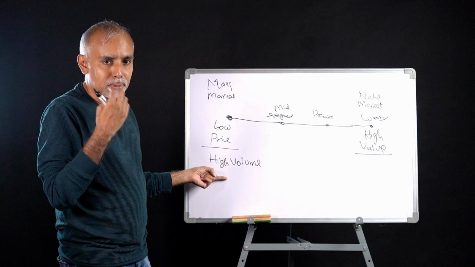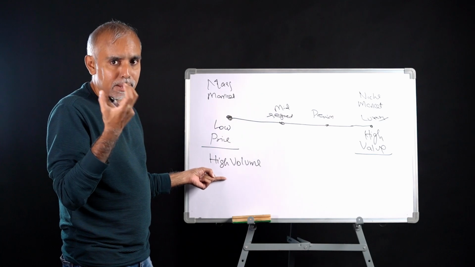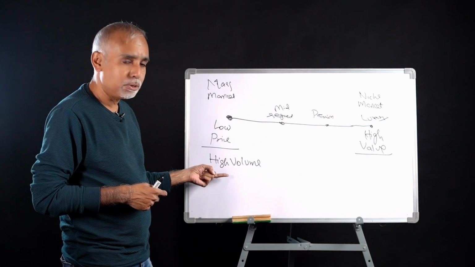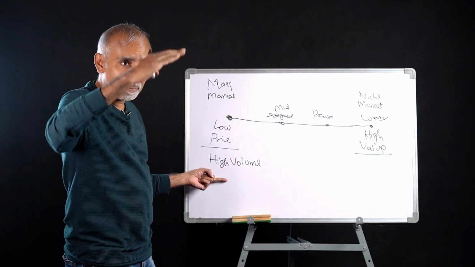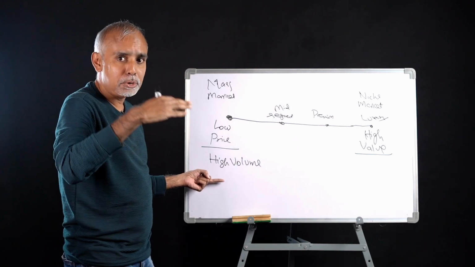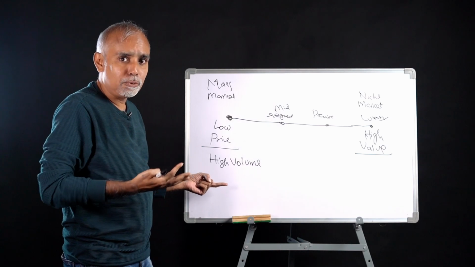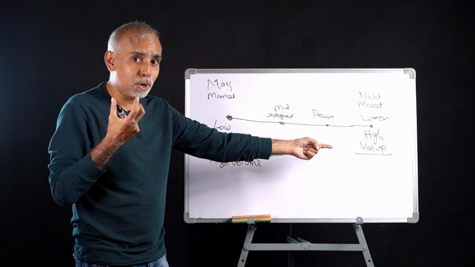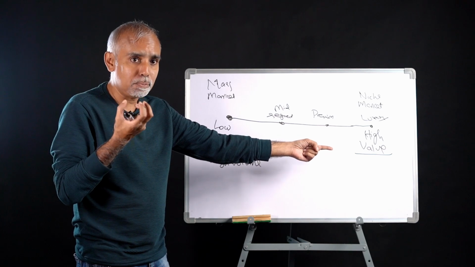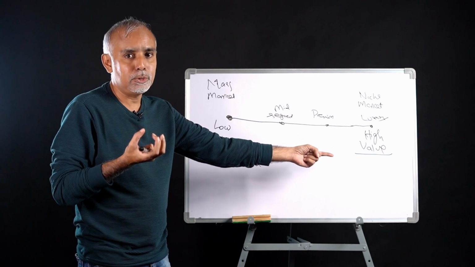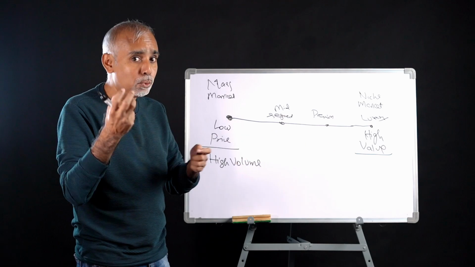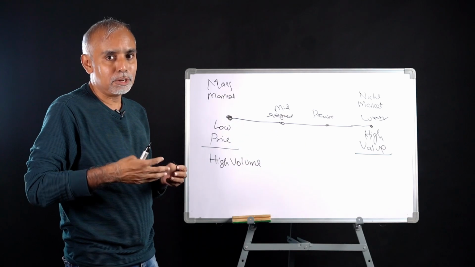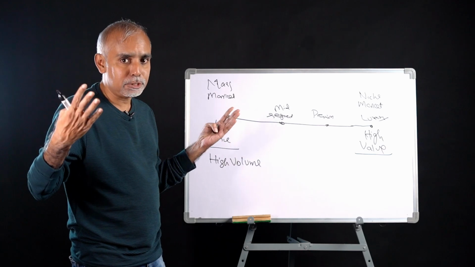Here, for example, if you want to buy raw materials to produce your goods, here you will look for the cheaper variants, right? You will negotiate harder and look for a cheaper variant. And there you will not negotiate, right? You want to provide the highest value to your customers, so you wouldn't bother about cost because your price itself is so high, right?